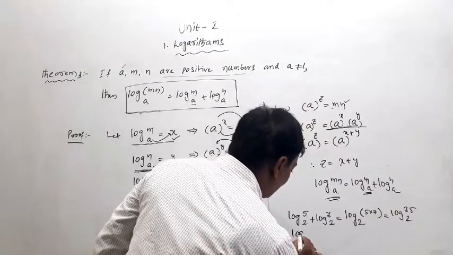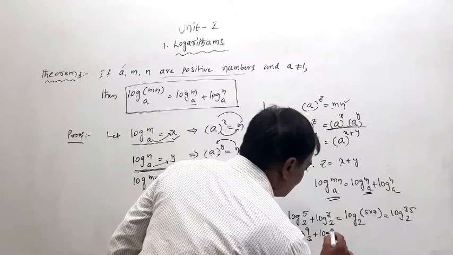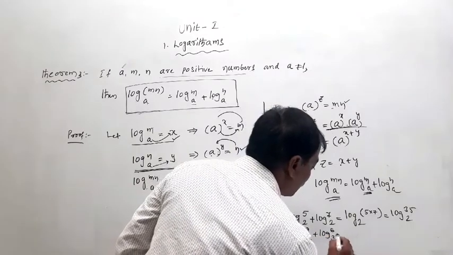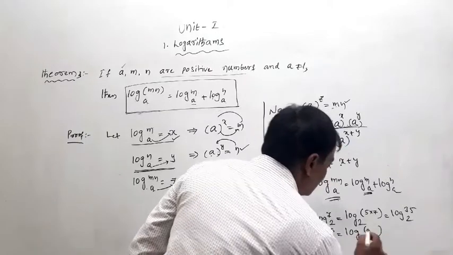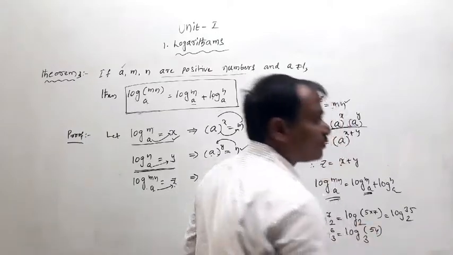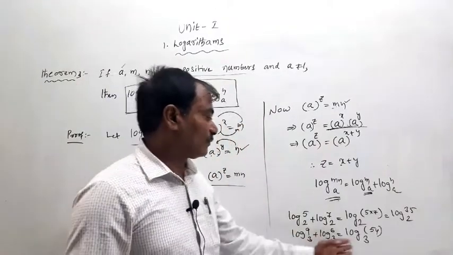And log 9 to the base 3 plus log 6 to the base 3. What is this value? The logarithm of the same base, but this is 54. Yeah, this is the use of this property.